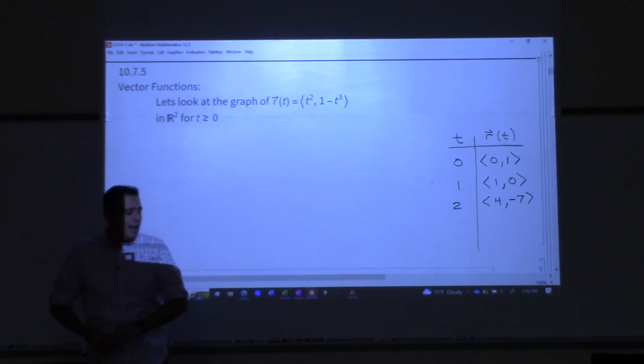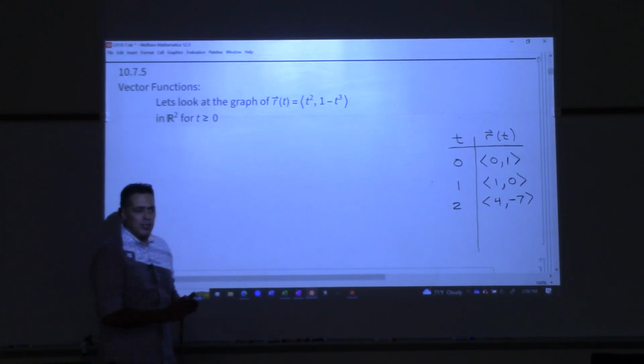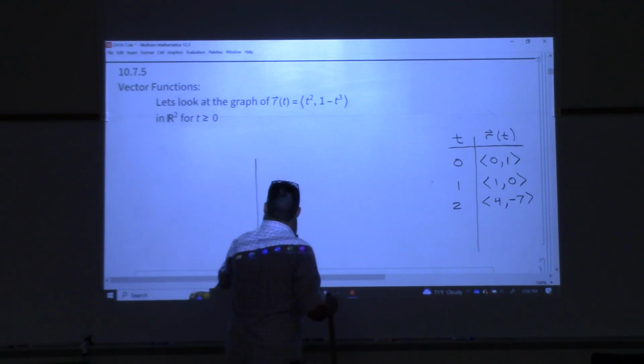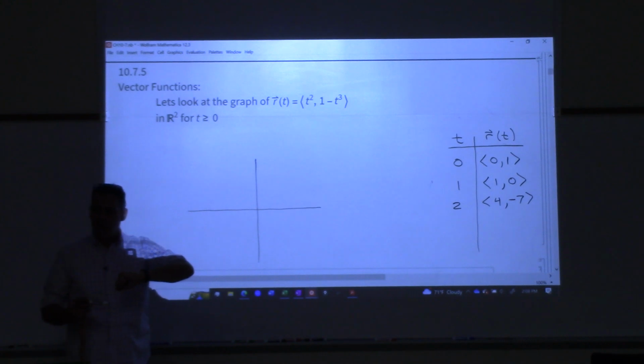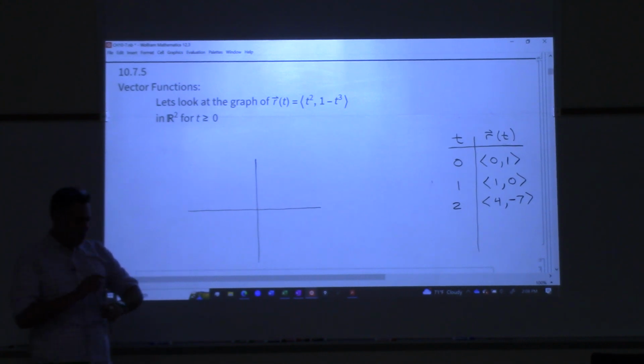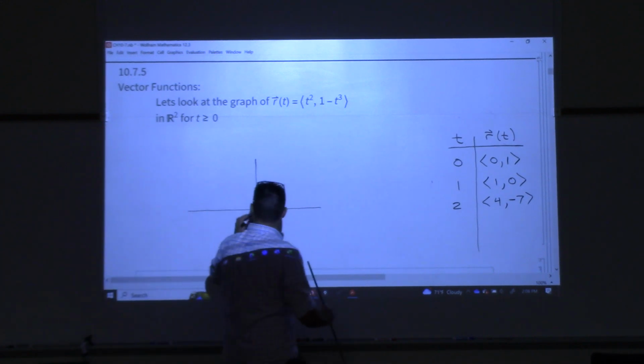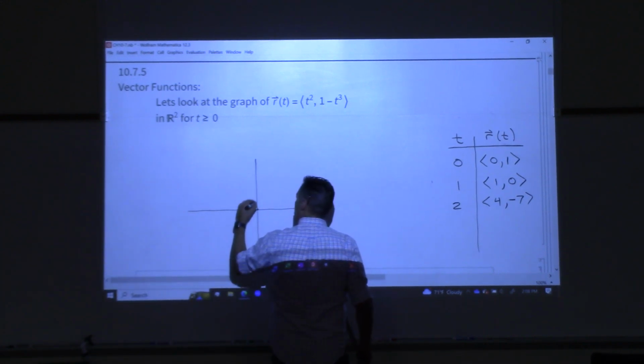Let me draw these vectors in standard position. What we want to do is think of t as a clock running in the background. At t equals 0, we're about to start the watch, and we have the vector 0, 1, which looks like this.